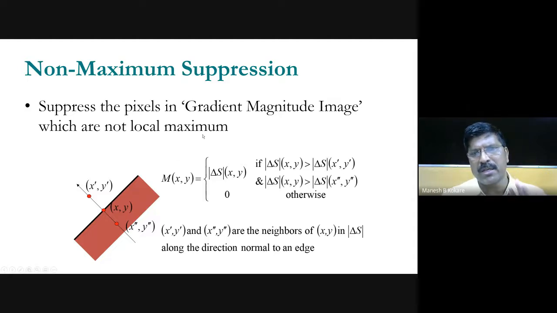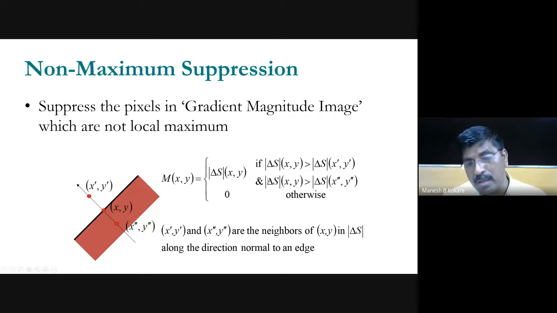How is it done? You take the maximum. You compare the magnitude of (x, y) with (x', y'). If the magnitude of this one is greater, it will be kept.